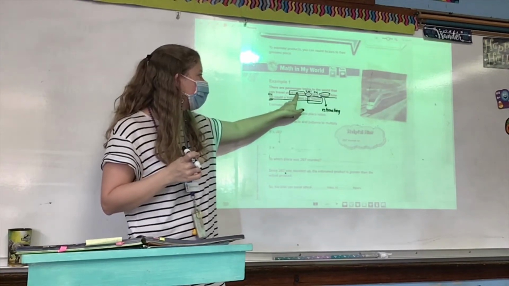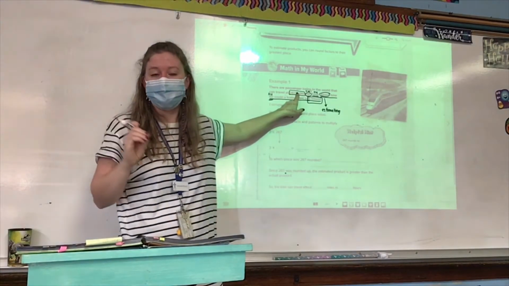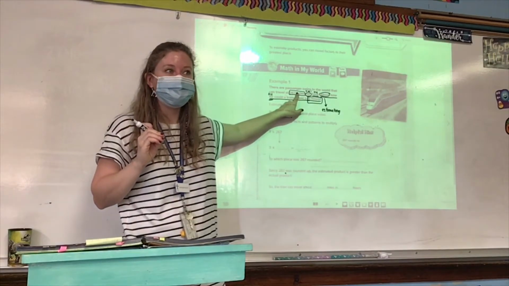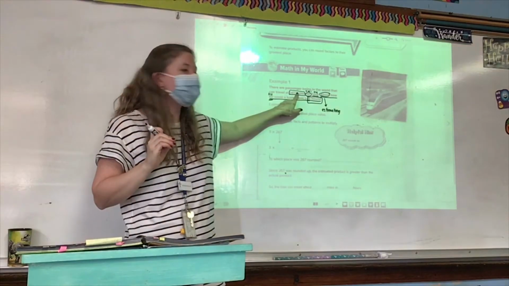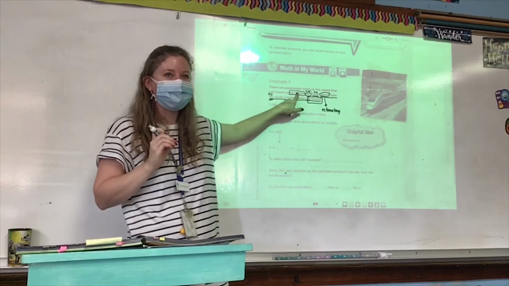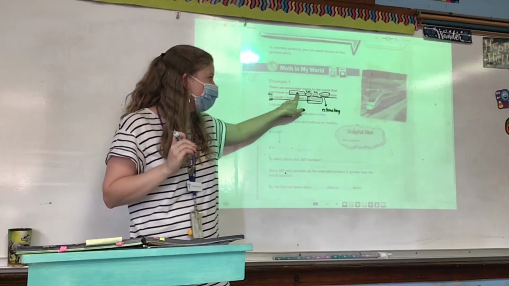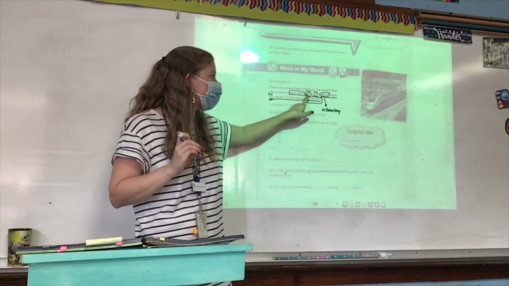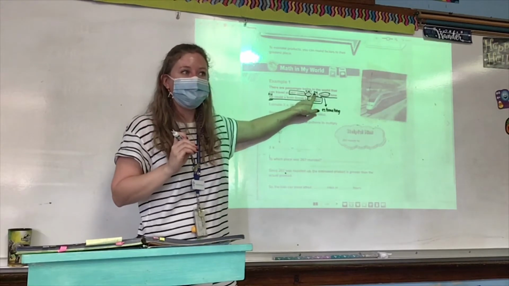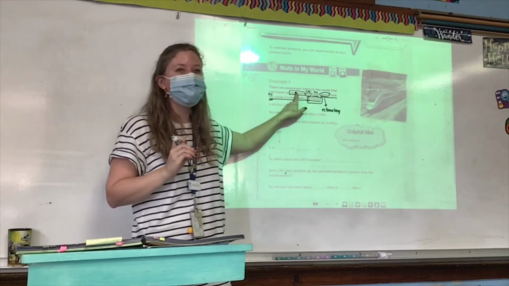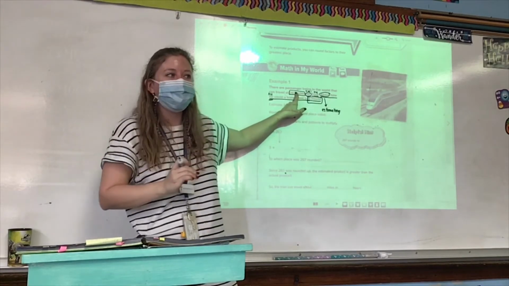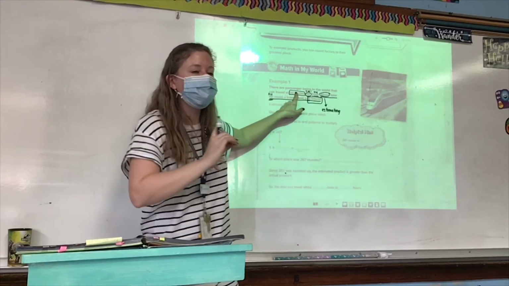So are we going to end up with a number larger or smaller than 267? Think about it. If it can go 267 miles per hour, and there are 3 hours, are we breaking this 267 down into a smaller number or making it larger?